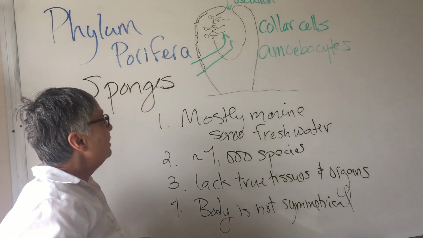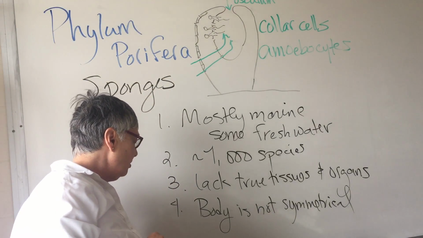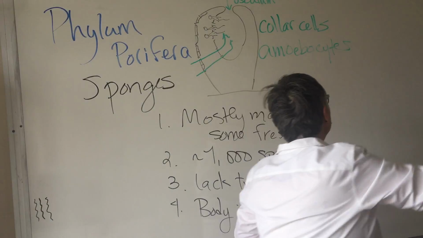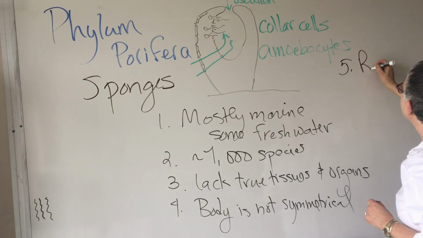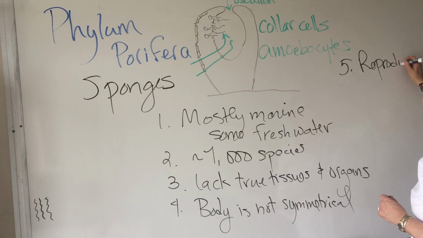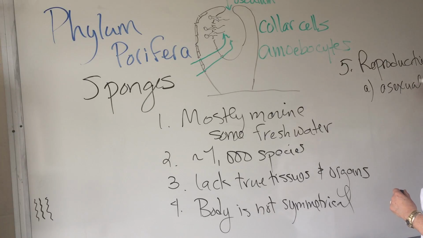Reproduction: there are two types of reproduction. So let's make this number 5. There is asexual reproduction.